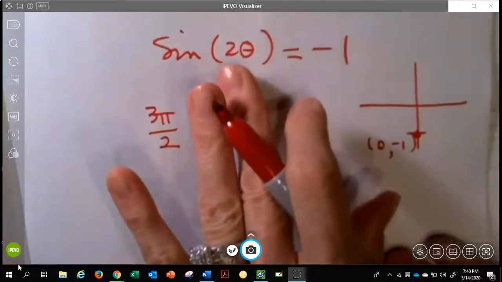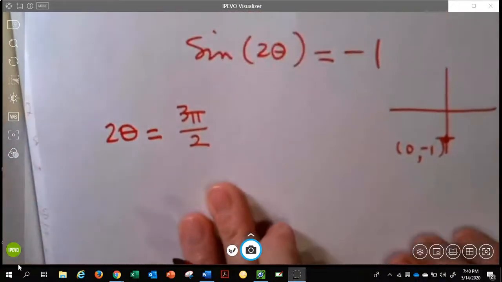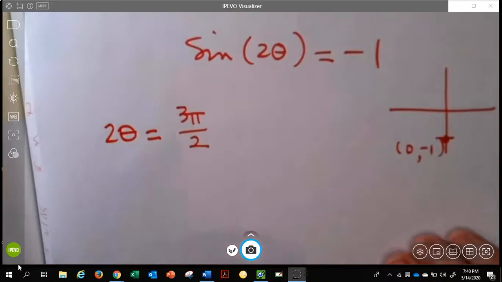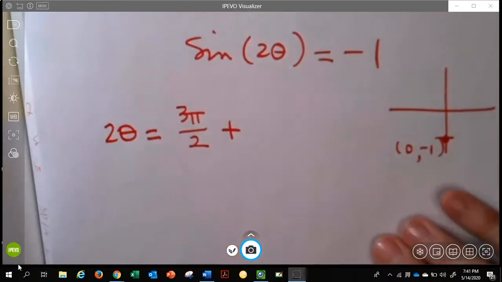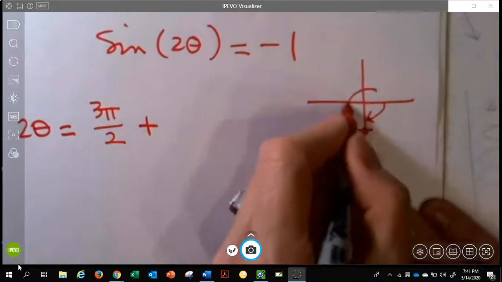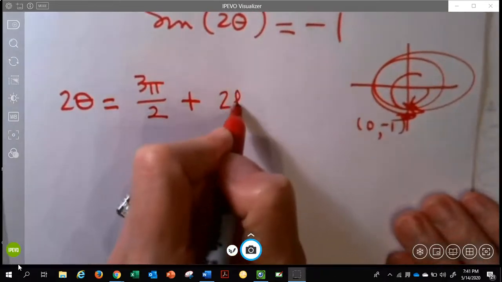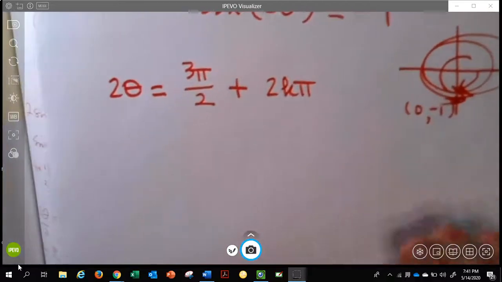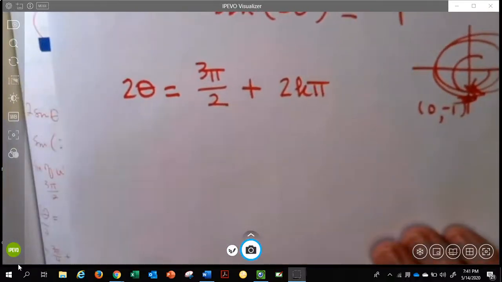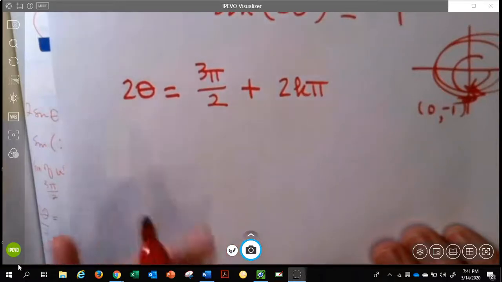But it's not just theta, it's that my 2 theta is 3 pi over 2, but I have to keep in mind that it's not just 3 pi over 2. It's when I go back one or a couple of times this way. There will be more angles that also have the sine of negative 1, so I have to account for them using my 2k pi. But I don't want just 2 theta, I want just theta.